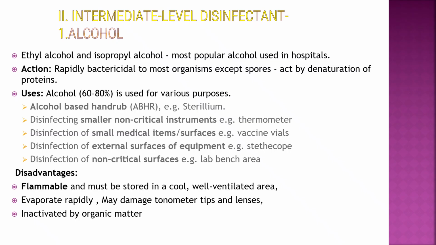Disinfecting smaller non-critical instruments like thermometers, small medical items like vaccine vials, or external surfaces of equipment like stethoscopes. Disinfection of non-critical surfaces, lab bench areas. Disadvantages: flammable, must be stored in a cool ventilated area, evaporates rapidly, may damage the tips and lenses, and is inactivated by organic matter.